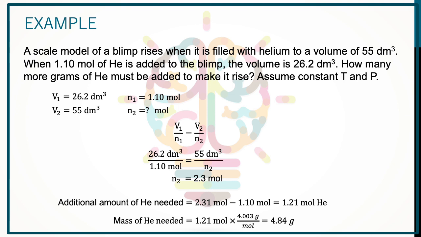So it means that you need to subtract 1.1 mole from 2.3 mole, which equals 1.21 mole of helium. From here you can calculate the mass by multiplying with the RMM of helium. So 4.84 gram. Okay, so this is the mass of the helium.